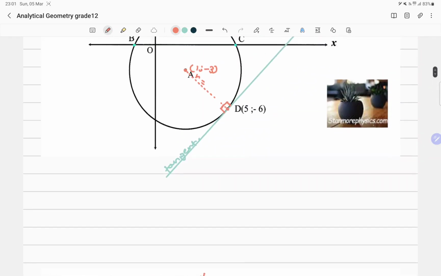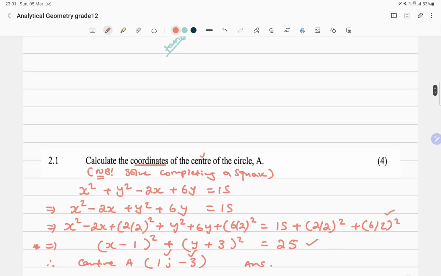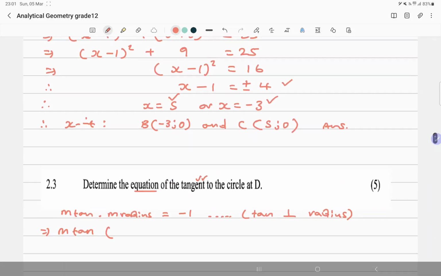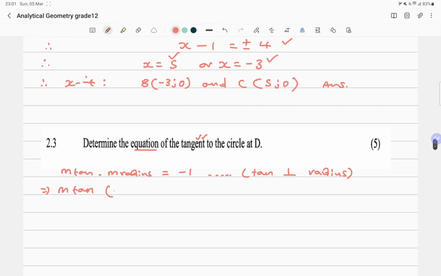Now if you're looking at the coordinates of D, y is -6, so it's always change of y over change of x, isn't it? So this is -6 minus -3, it becomes +3, over, then the next one is going to be 5 minus 1, okay, that's what we have, is equal to -1. So this is what you do to make your life a lot easier.